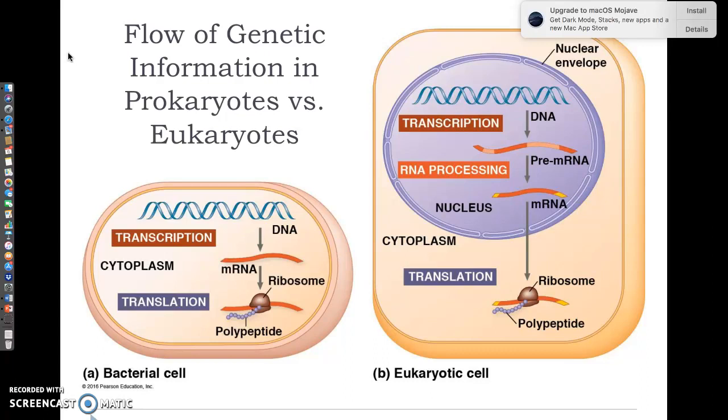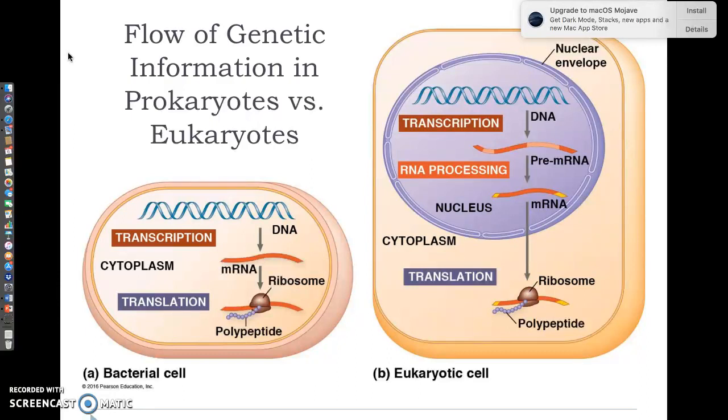So how does the central dogma work in a eukaryotic cell versus a prokaryotic cell or a bacteria cell? The process of DNA being read and RNA being made occurs in the cytoplasm of a prokaryotic cell or a bacteria cell. At the same time that that is taking place, a ribosome is actively building the polypeptide or the protein, which again is a process known as translation.